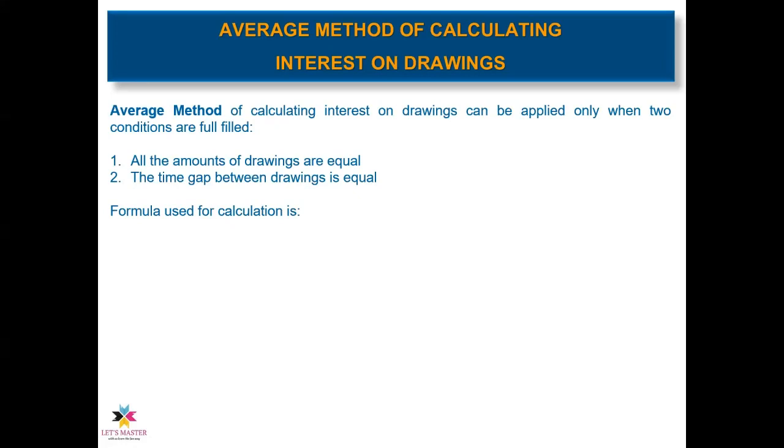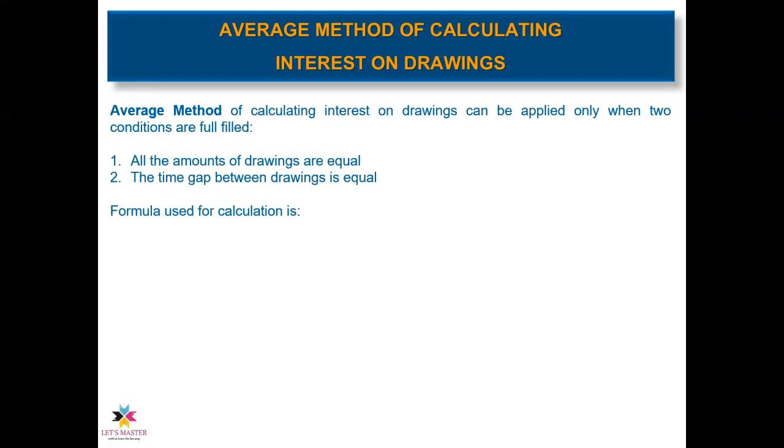Sometimes it is withdrawn 20,000, 10,000, 30,000, 25,000, and so on. So if you have to use the average method, the first and foremost condition is that the amount of drawing should be equal. That's number one. Number two, the time gap between the drawings should be equal.